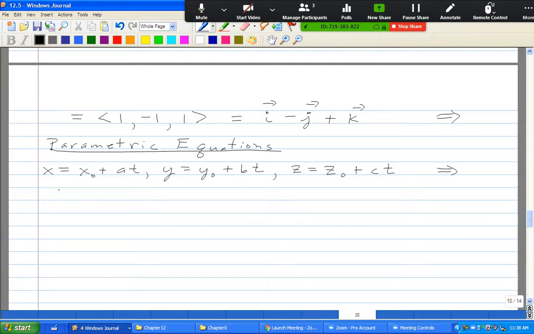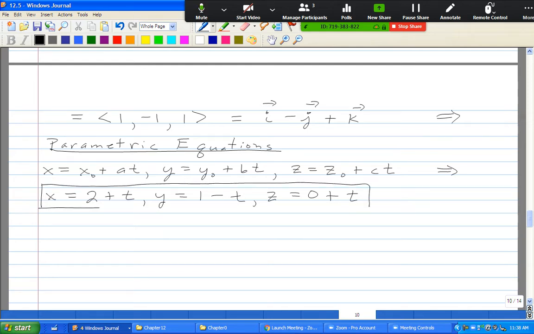It's through the point 2, and this was i, 1, and this is minus j, 0, and this was k. And those are our parametric equations.